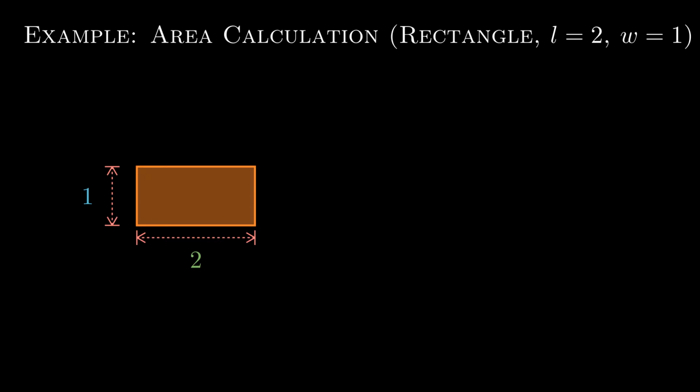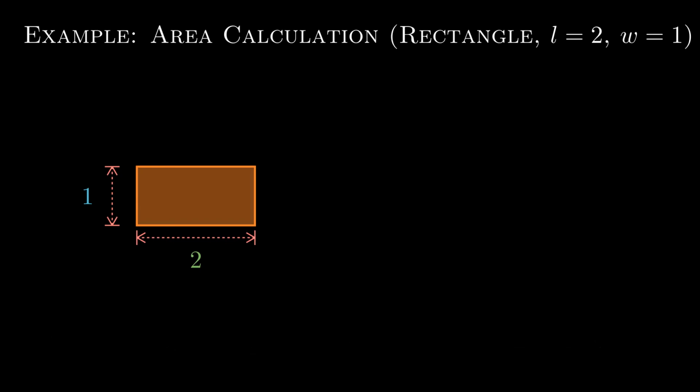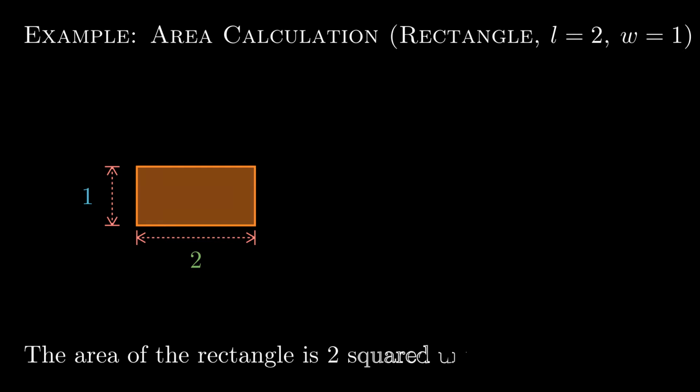So let's start with a simple example in which we have a rectangle of length 2 and width 1. We want to calculate the area of this rectangle. Take a couple of seconds and try to find how to do it. For those of you who have been able to find it, congratulations. And for those of you who want to know what the answer is, the answer is 2 squared units. We can use the previous properties.